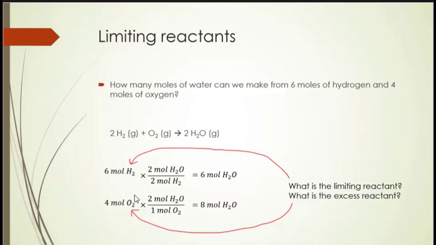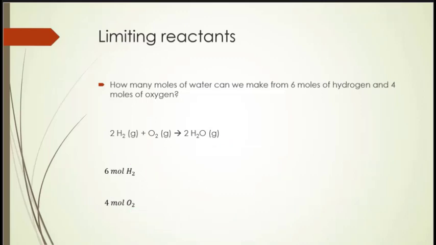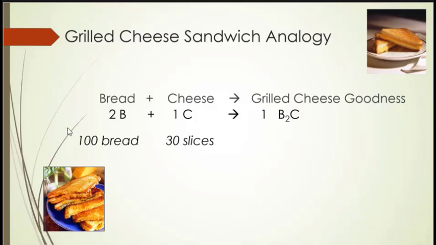I have 4 moles of oxygen, which could make 8 moles of water, but I can't because I only have enough hydrogen to make 6 moles of water. So I would have extra oxygen left over, kind of like the bread. If I went back to look at this one, I've got 100 pieces of bread, so that should allow me to make 50 grilled cheese sandwiches, but I can't make 50 if I only have enough cheese to make 30.